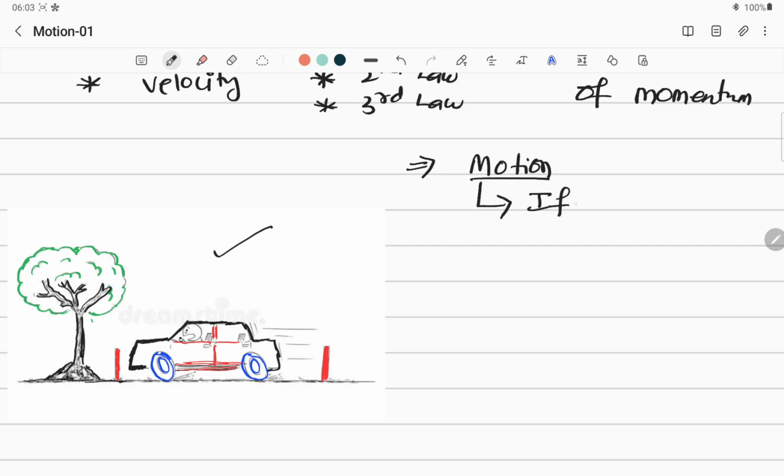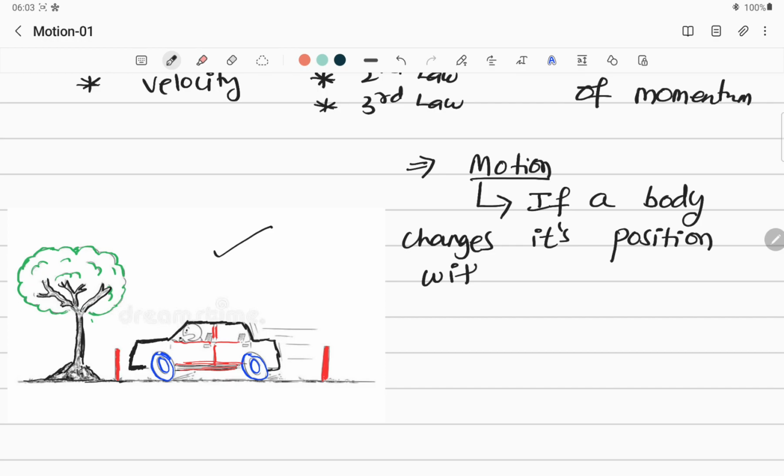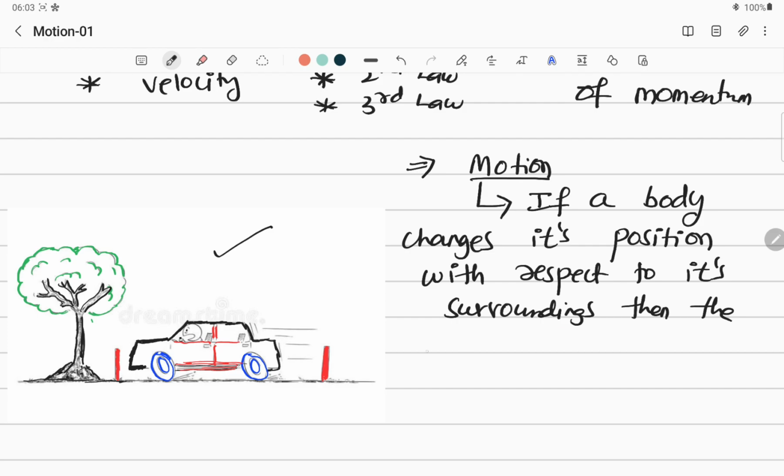The definition goes like this: if a body changes its position with respect to its surroundings, then the body is said to be in motion.